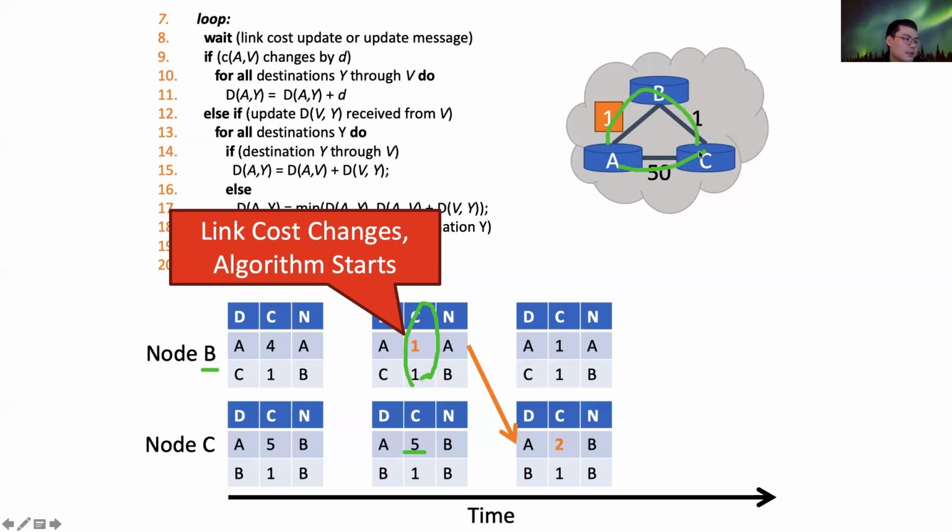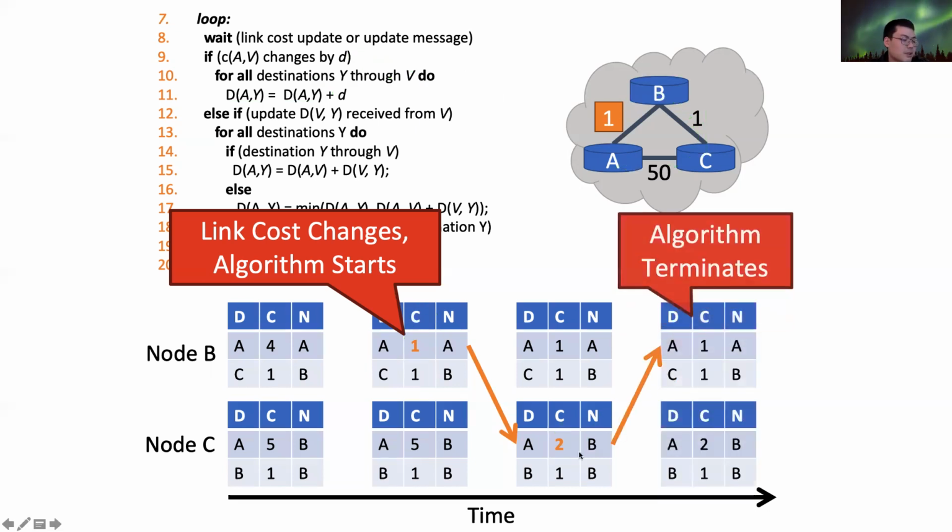C is previously already routing through B, and now we are still routing through B, so we go this path. We change this. Previously it was C's adjacent link 1 plus 4. Now this 4 goes to 1, then this becomes 1 plus 1, becomes 2. So we will update this as 2, but we are still routing through B.